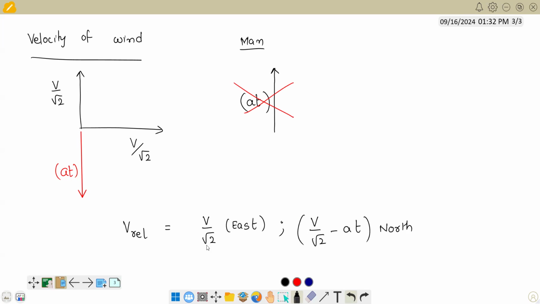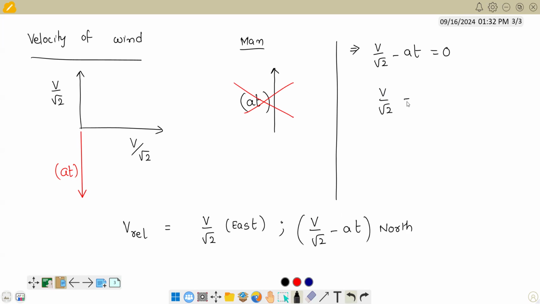If I only want the east component to remain, this north component must become 0. So v by root 2 minus at must become 0. Only then the man would feel that the wind is only towards east.